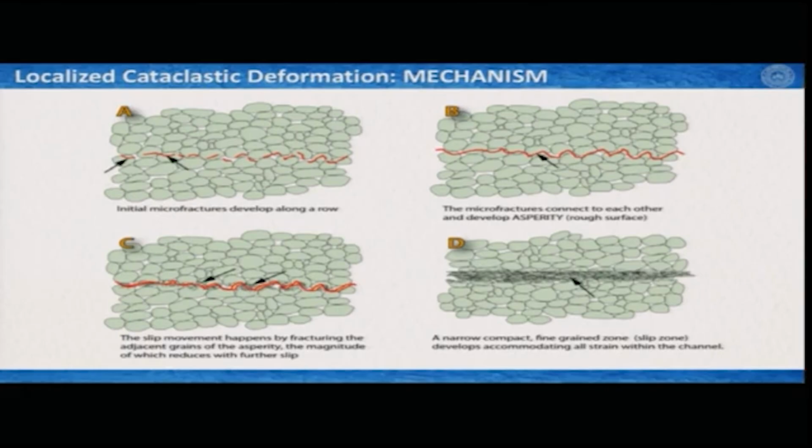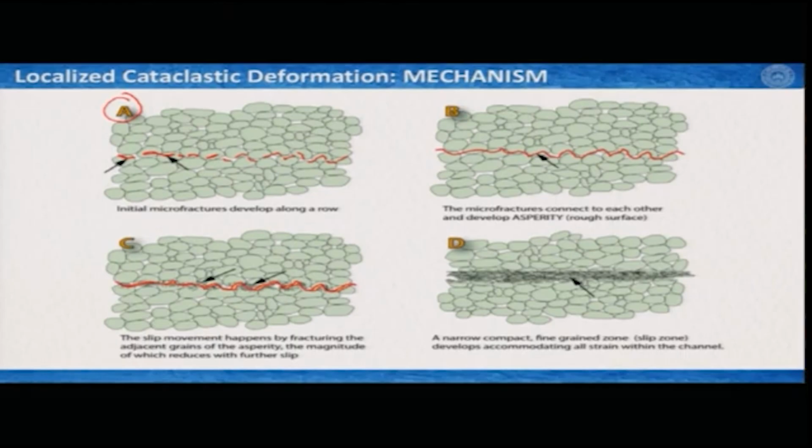If we try to figure out how it happens, here is an illustration of the different processes that we can think of. I have given 4 illustrations here, and this is mostly applicable for frictional flow. In the first image, A, we have an arrangement of grains with some porosities, which are white here, and the red areas are tiny little fractures that developed due to application of some sort of deformation.